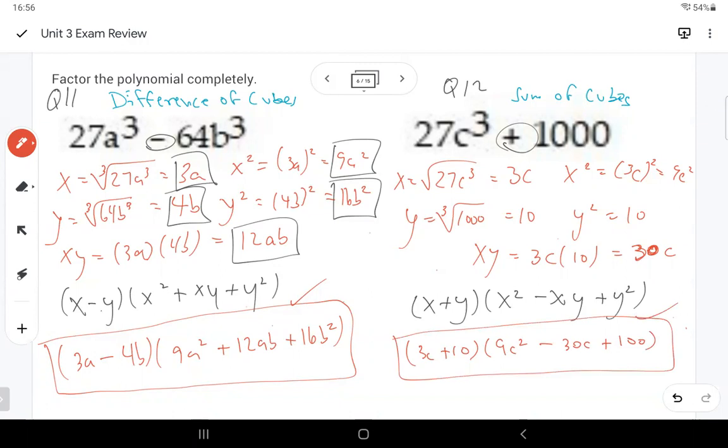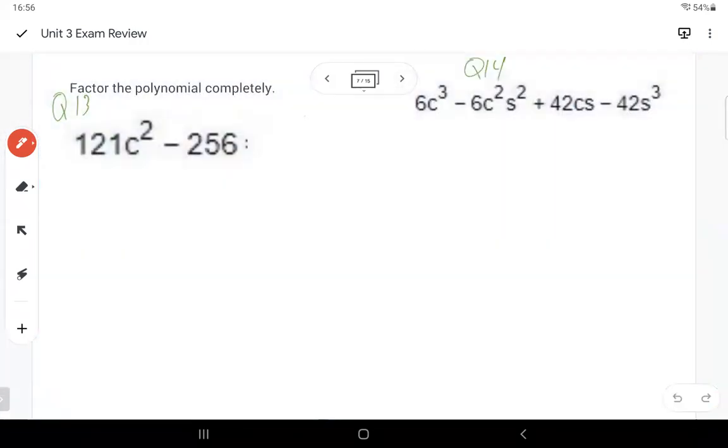All right, we just have to do 12 and 13 and 14. And then that skips us to the harder stuff. All right, so 12 is, or sorry, 13 is considered a difference of squares.